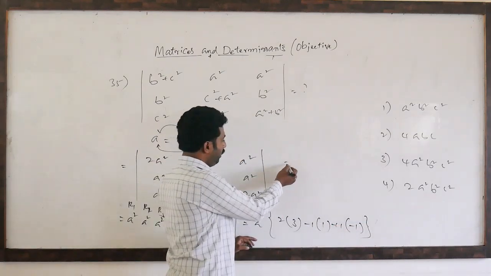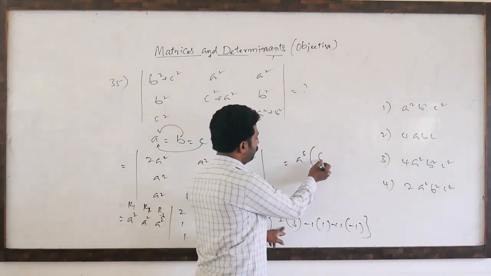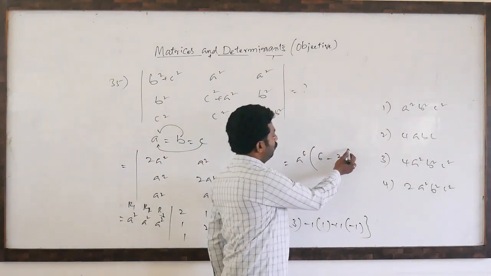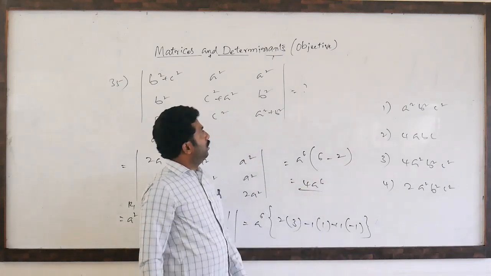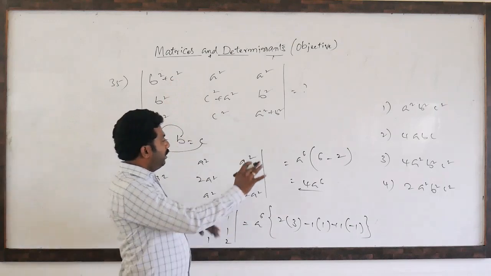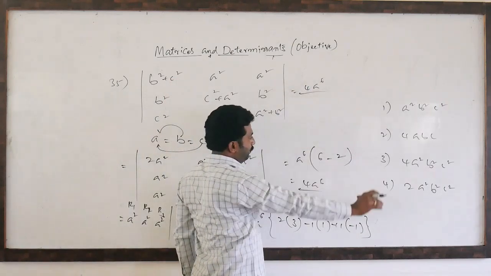So finally, 3 minus 1 minus 1 is 4, so the value is 4 into a to the power 6.